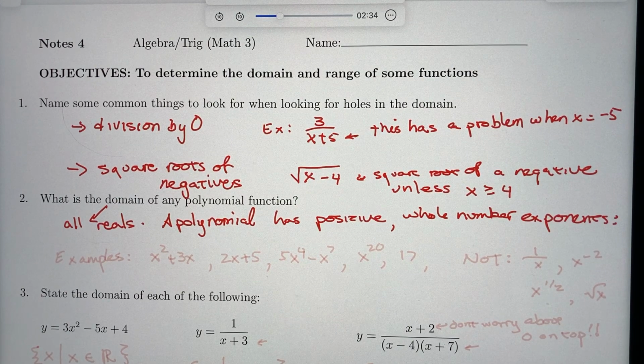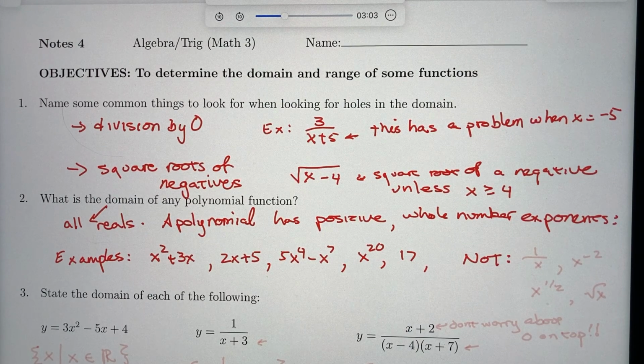So first, let me just give you a few examples. X squared plus 3x is typical. 2x plus 5, 5x to the 4th minus x to the 7th, whatever. You don't have to have more than one term, and you can be a constant.